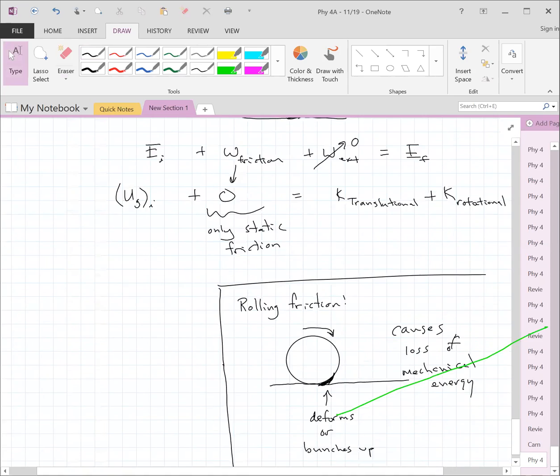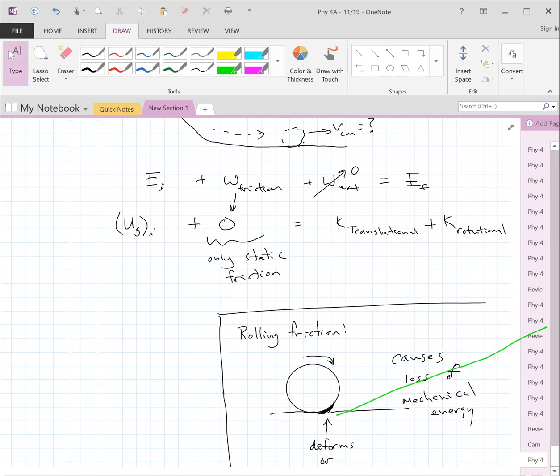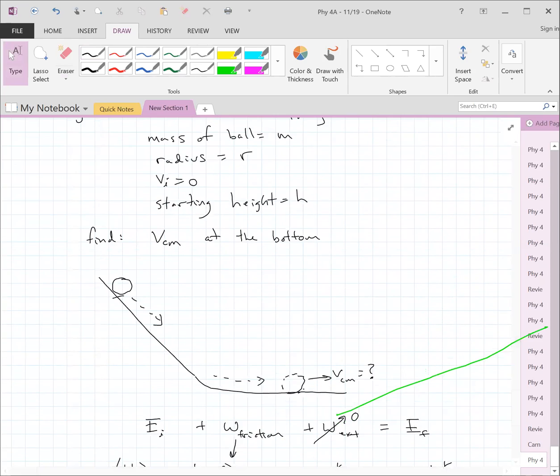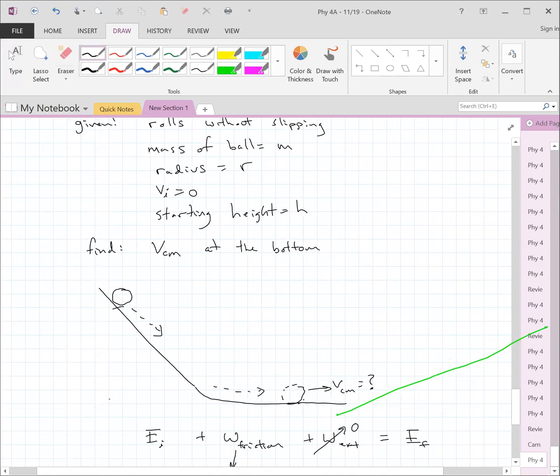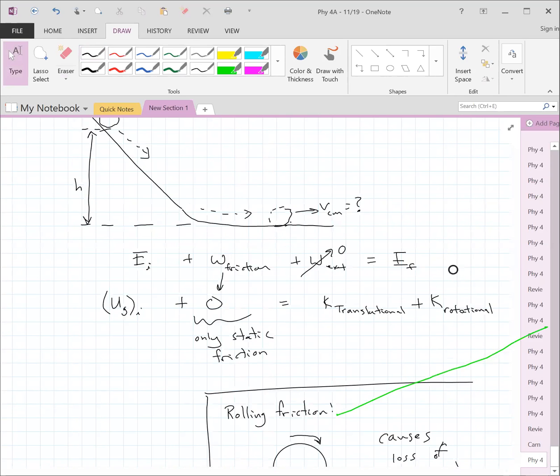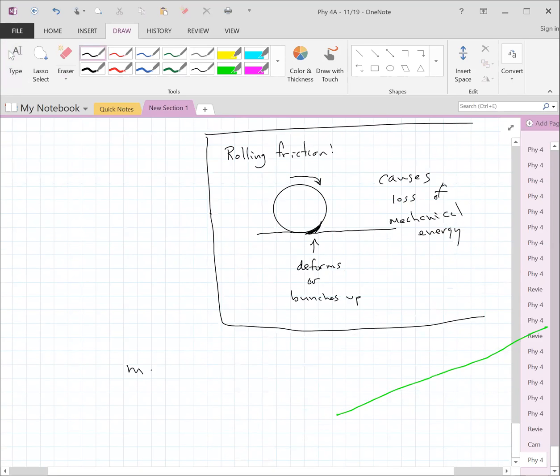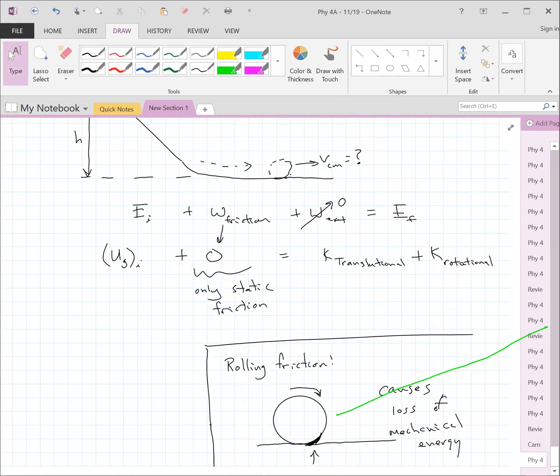Okay, let's get back to this problem. So we've got a gravitational energy. So h is this height just above the ground. Okay, and so that's just mgh. That's our initial energy.